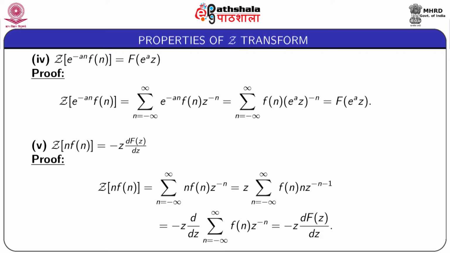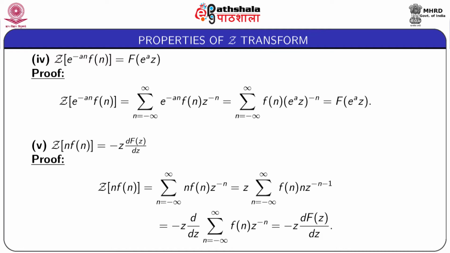Fifth property is to prove that Z transform of n f(n) is equal to minus z d/dz of capital F(z), where capital F(z) is the Z transform of small f(n).